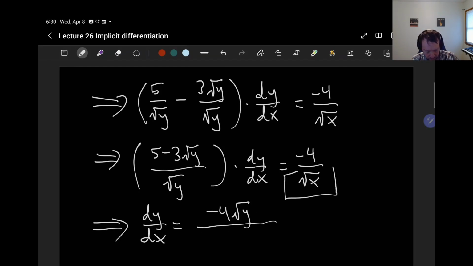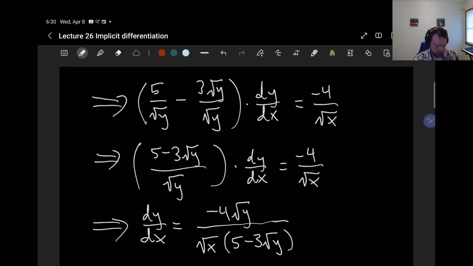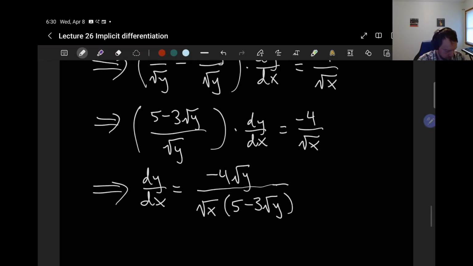And we have this square root of x still in the denominator. And that'll be times this little difference here. Right, and that is the best simplification we get.